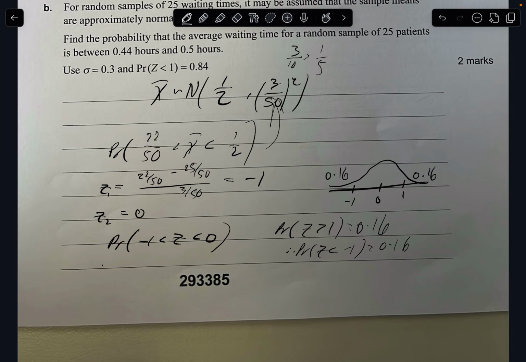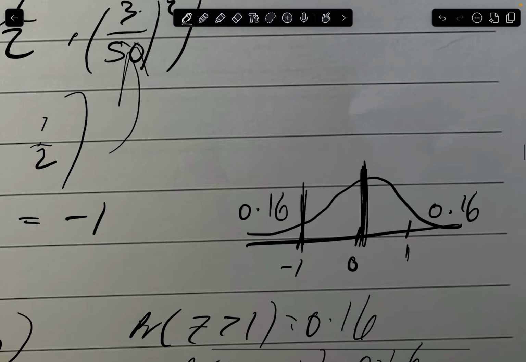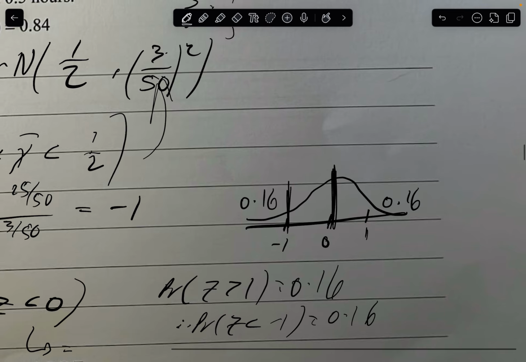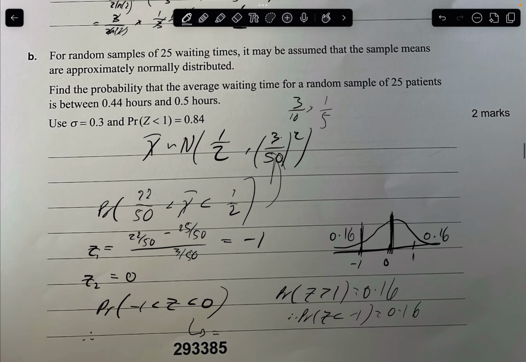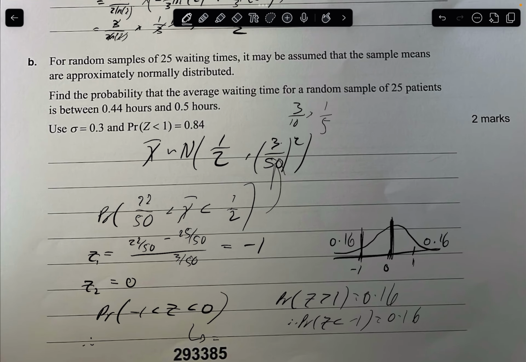Therefore, this is equal to 1 minus 0.32, which is 0.68. No, we just want this. Less than 1 is 0.84, and less than -1.